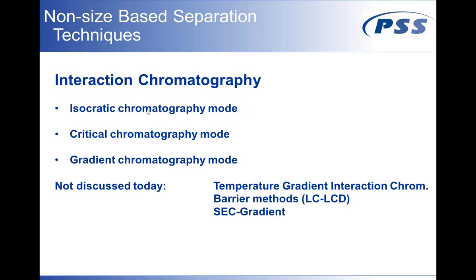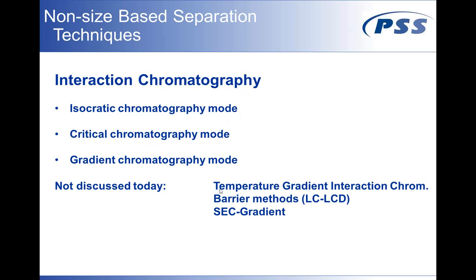What we'll discuss today is what we call isocratic adsorption chromatography. We will discuss something which is called critical chromatography and gradient chromatography. These are different modes which you can often find in the literature and which you use to separate polymers.